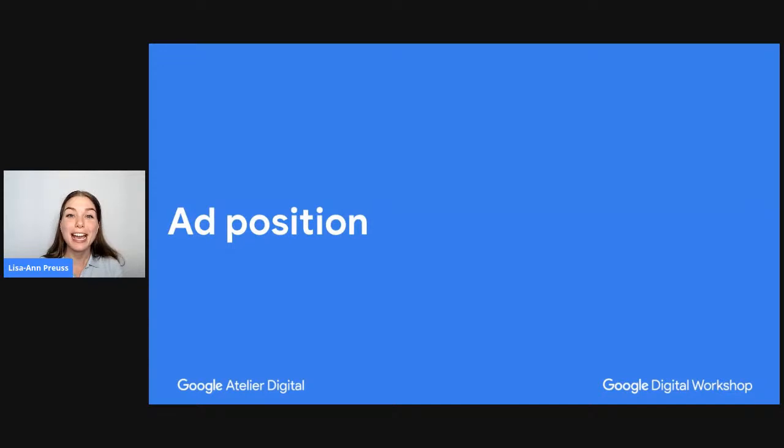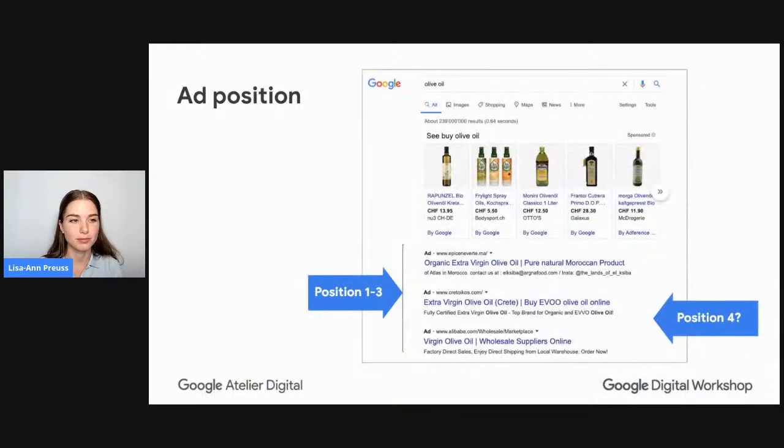Moving on to the ad position. Now, as you can see here, you have 3 ad positions, ad position 1, ad position 2, and ad position 3 that really pop out. The question is, where is ad position 4? Now, for those of you that typically scroll down to the bottom of the page, yes, you'll know that's where it is.